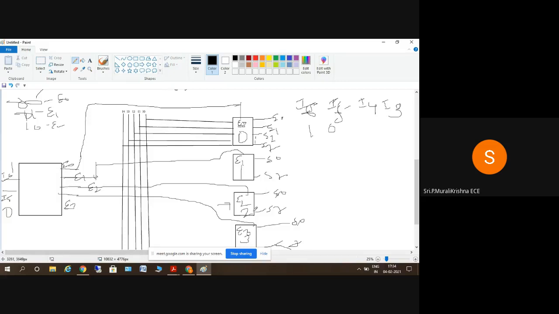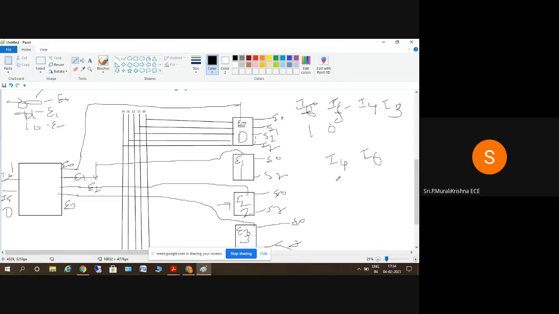Okay, so the third one is selected, and based on the values of I4 to I0, we'll select the remaining values.